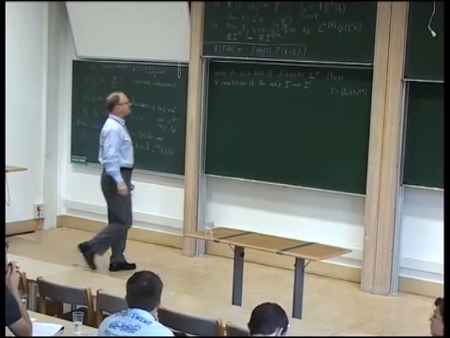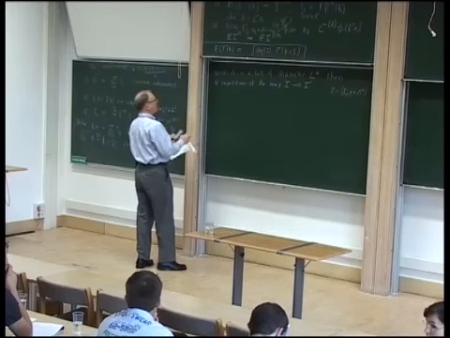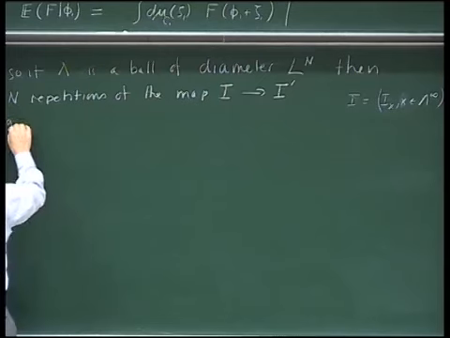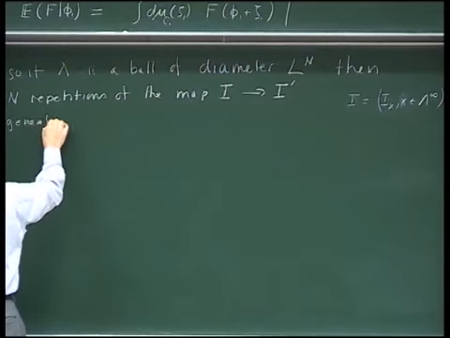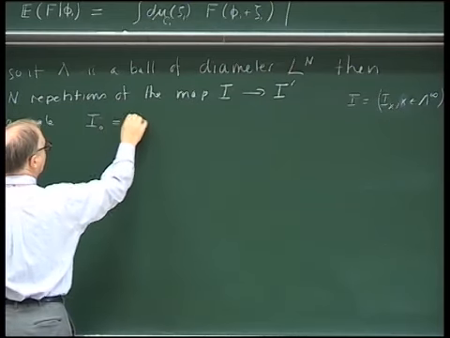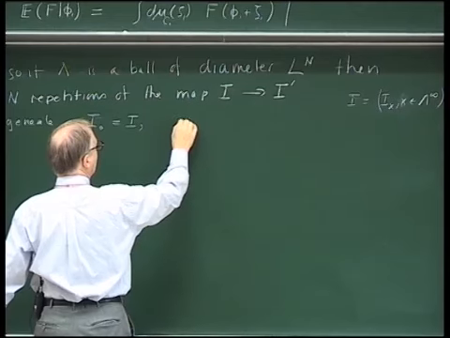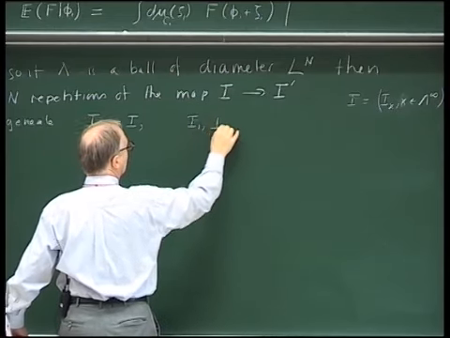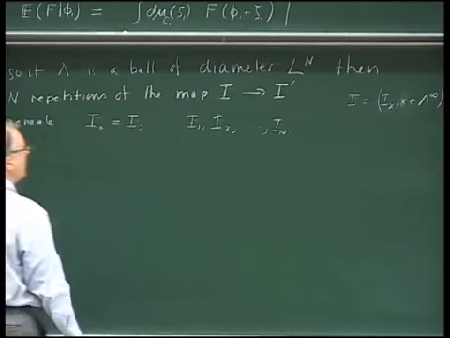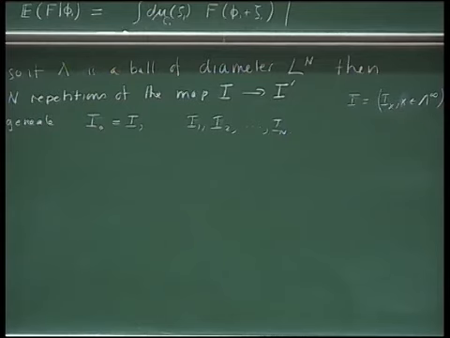So, n repetitions of this map generate, well, let's call I naught the first I that you're given. Then you get I1, I2, up to I sub n, which simply means apply this map n times.